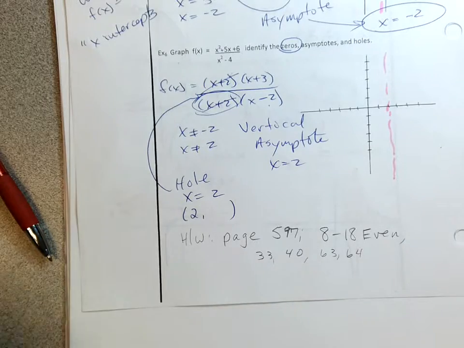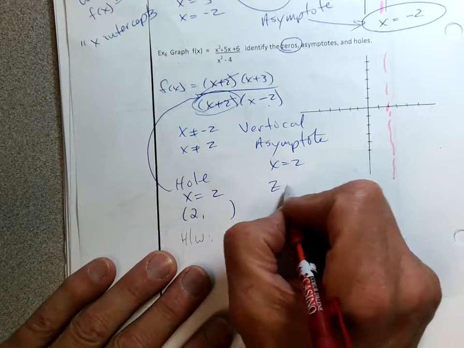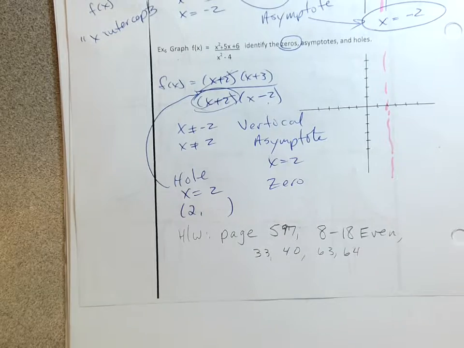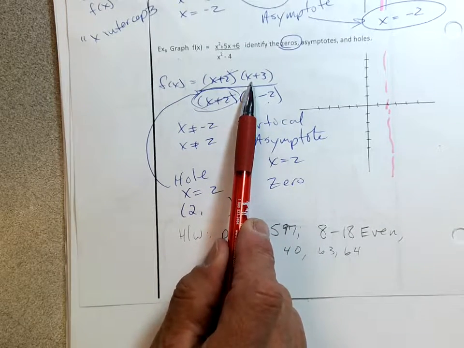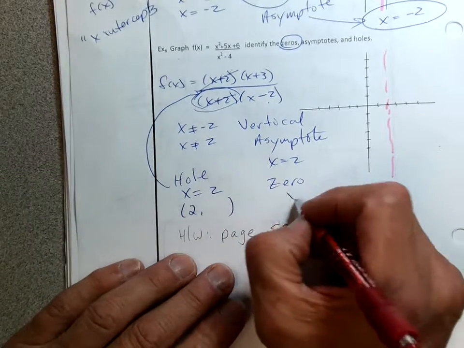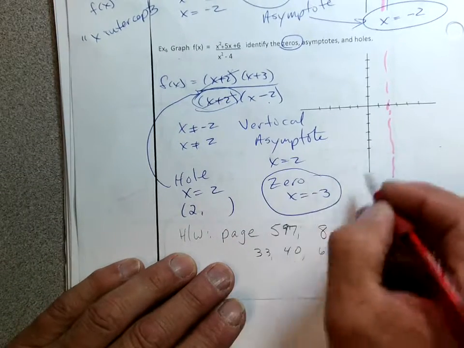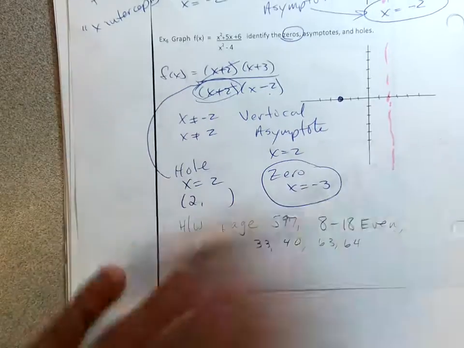Now, zeros. It has one 0. 0 on the top is 0. So what value right here would make me have a 0? Negative 3. So at x equals negative 3 is a 0. Okay, so I know the graph goes through there.